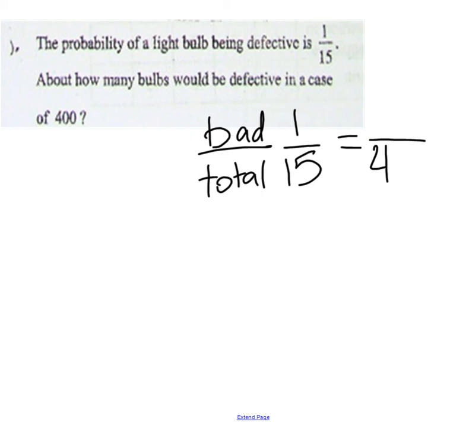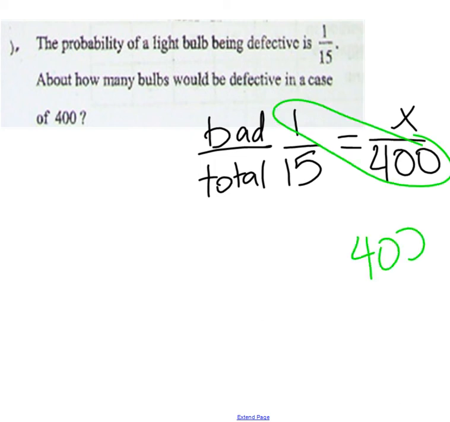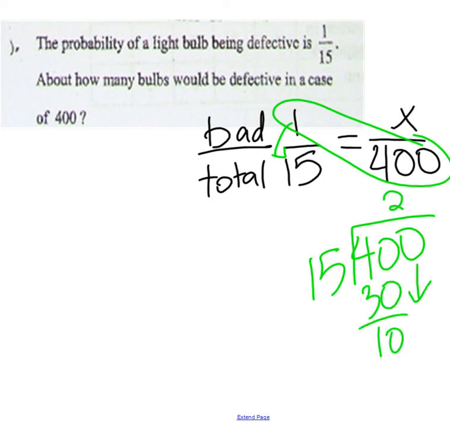So this would be how many bad out of 400, which does pretty much work out to, since 400 times 1 is 400, this is just 400 divided by 15. This does work out to 26.